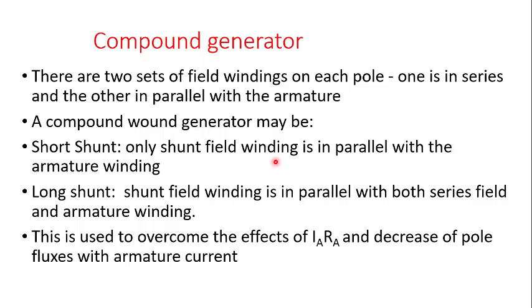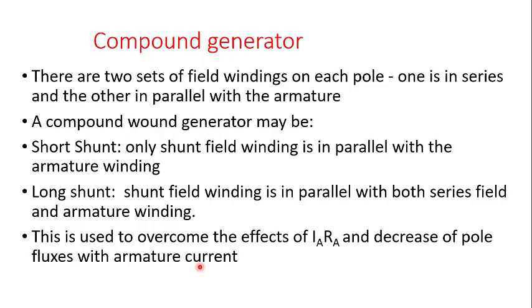A compound wound generator may be short shunt, where only the shunt field winding is in parallel with the armature circuit, or long shunt, where the shunt field winding is in parallel with both the series field and armature windings. This is used to overcome the effect of IaRa drop and decrease of pole flux with armature current.